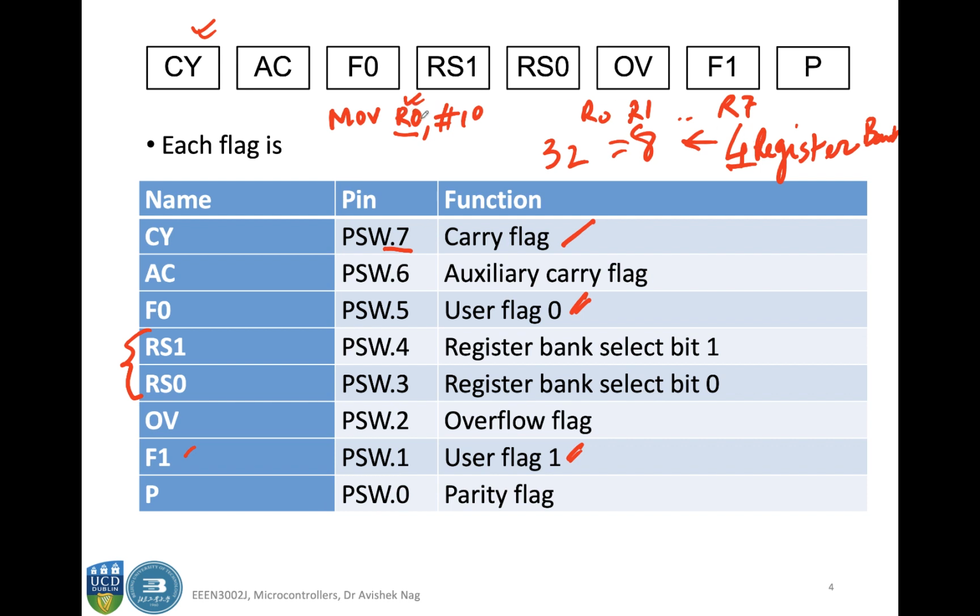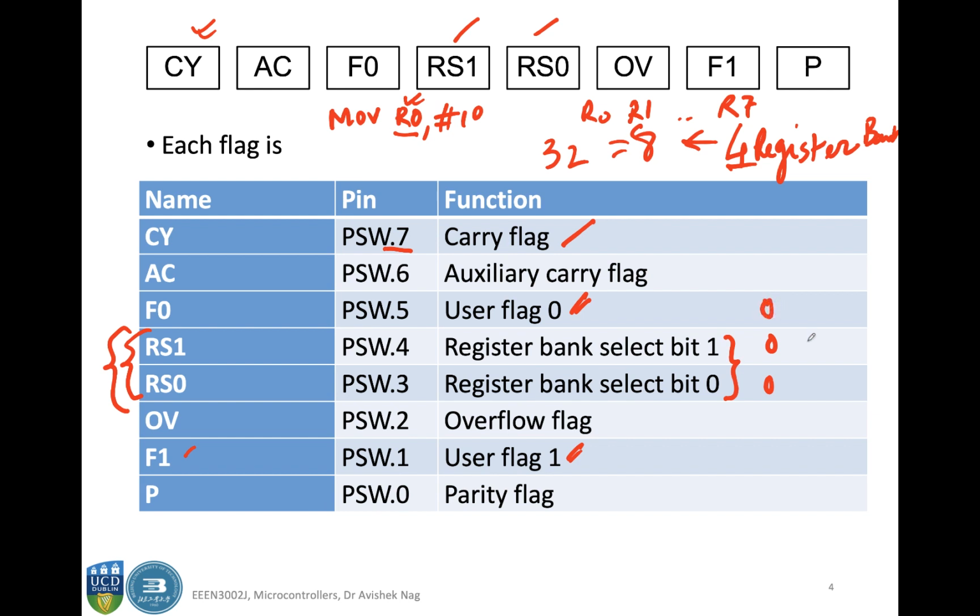So there are 4 register banks. How do you know which register bank's R0 you are using? For that you use these two flags of the PSW register, RS1 and RS0. If these two bits are 0 0, then you are selecting register bank 0.